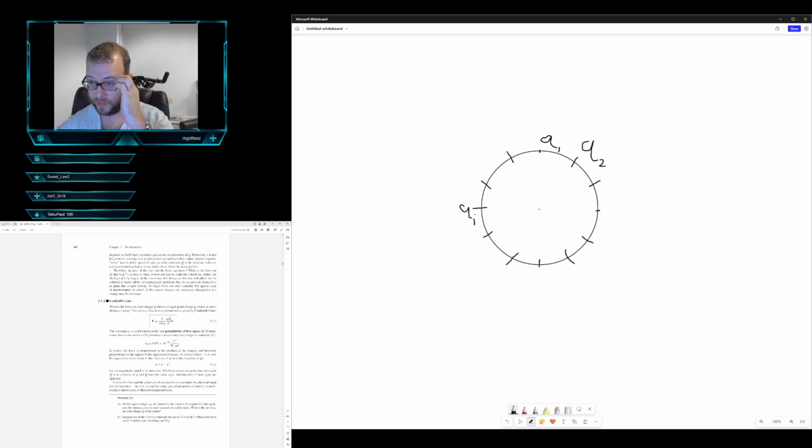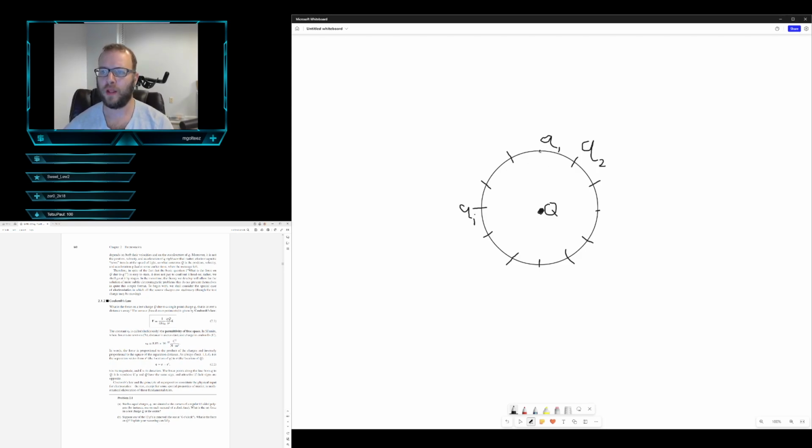So what will be the net force on capital Q? Well, we can calculate this by Coulomb's law. But let's use our intuition.